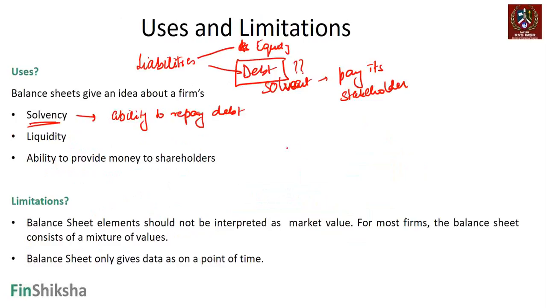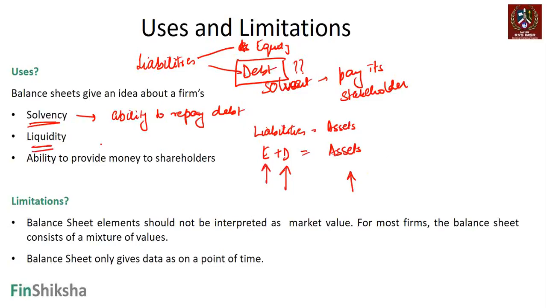Remember, in this equality, when we say equity plus debt equals all the assets, that's because liabilities are equal to all the assets and liabilities are equity plus debt essentially. It means that if you sell all these assets, you should be able to repay all the debt and you should be able to repay all the equity holders for the money that they have pumped into the company. Correct? That's the first part that comes in.